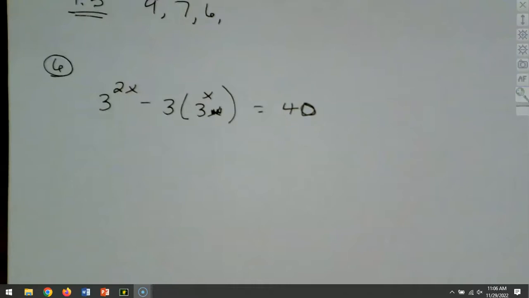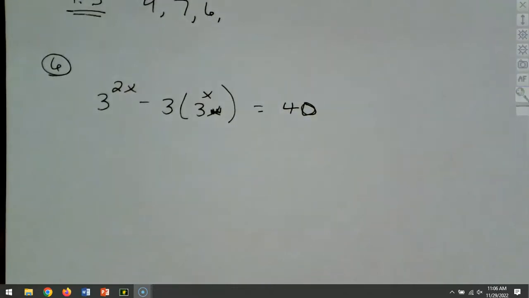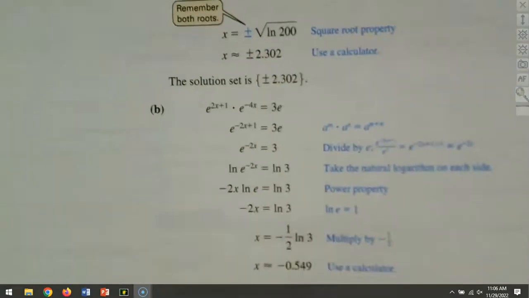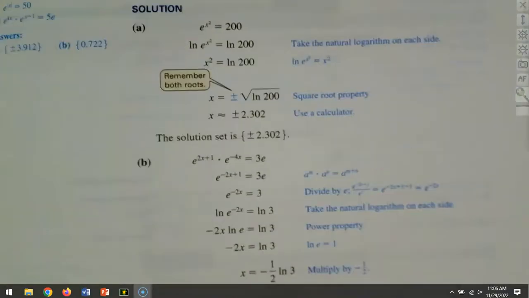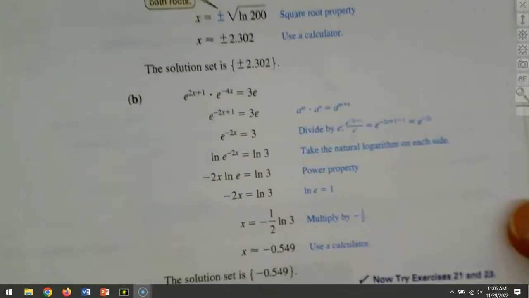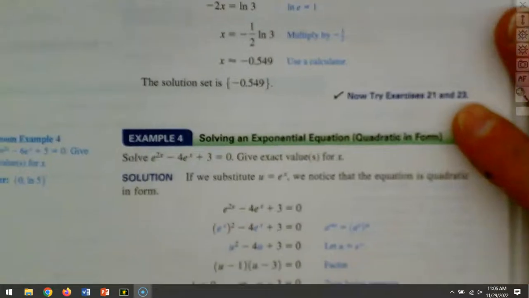Let me remember where that is so I can show an example of how that works, just to go over it again with you. We did one that was very, very similar. This looks like 491, example 4. Remember, this is what they did here. Move it up so we can see it. It looks like this.